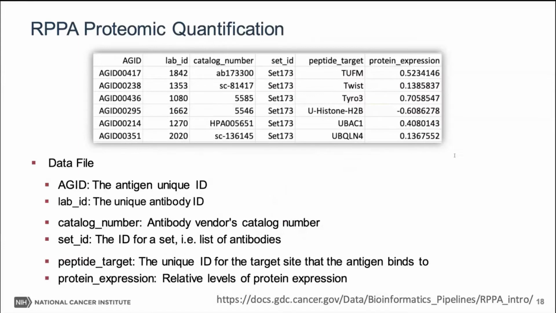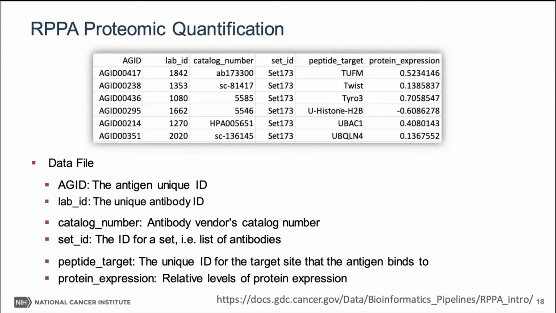And the analysis and normalization, everything is completely done at MD Anderson using their pipeline. So GDC is not involved in the analysis. And in the output file here, I provided an example. What you can see is basically for each sample, it gives you the peptide target.